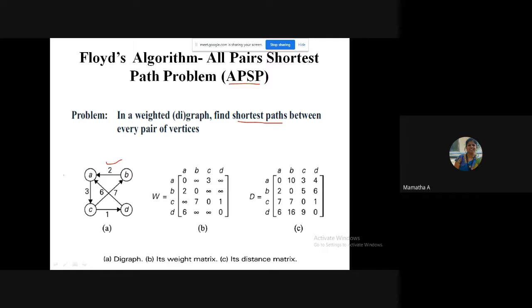Summating the weights of the edges that comprises the path. Hope you are all getting. Okay. So now, before I go to the relation, or the concept of how to solve the problem, we'll just see how to represent the graph. So the input for me is a weighted diagram.